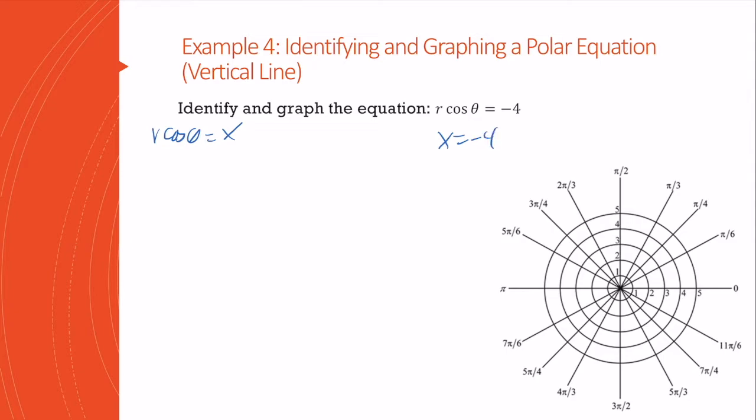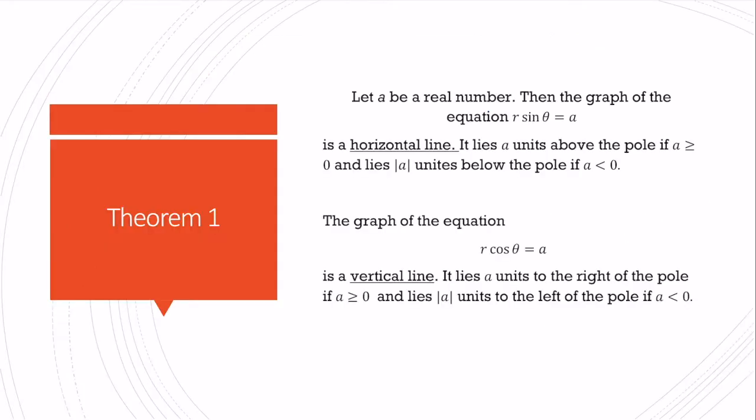So I have x equals negative 4. This graph is going to look like a vertical line. Here's our theorem that discusses the graphs of horizontal and vertical lines. It is Theorem 1 in Section 8.1. If you want to take a look at that, feel free to pause.